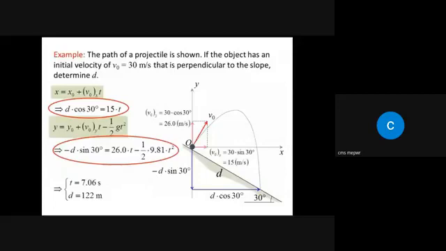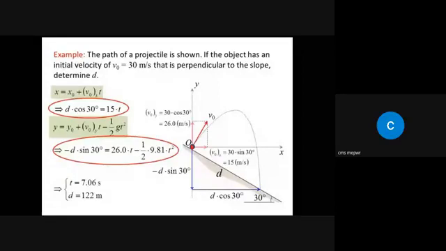Now what we need to find out is this value of d. In other words, we need to find out the initial position. If x is 0 and y is 0, we need to find out the value of x1 y1.